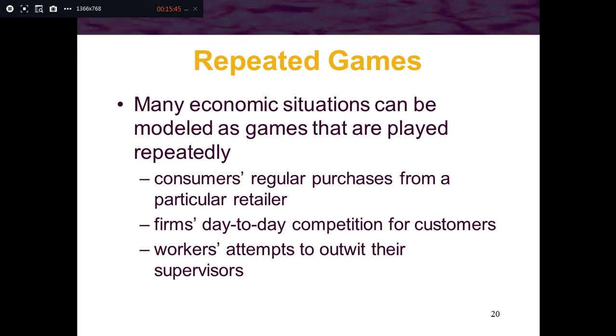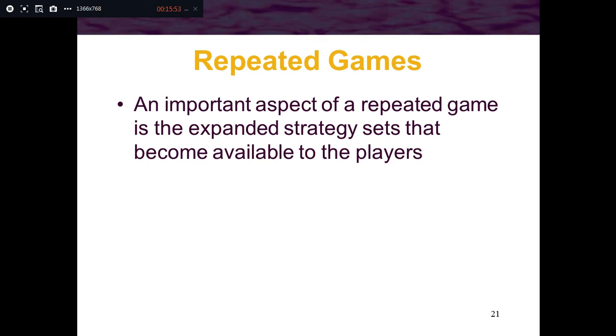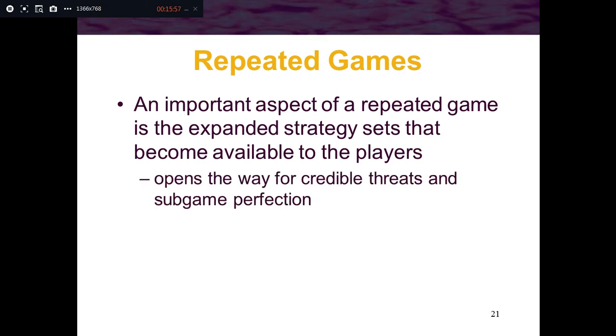Workers attempt to outwit their supervisors, this also creates repeated games. So an important aspect of repeated game is the expanded strategy sets that become available to the players because game በደጋገም ቁጥር ከመጀመሪያ ሰዓት ላይ ማስተካከል የሚፈልገውንም ታሻሽለው ነገር ይኖራል ማለት ነው ከዛ መጠቀም ይፈልጋል so opens the way for credible trades and subgame perfection.